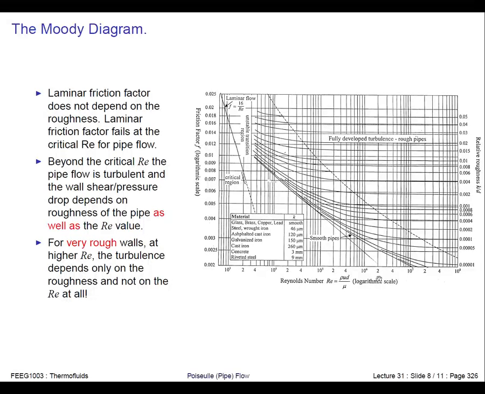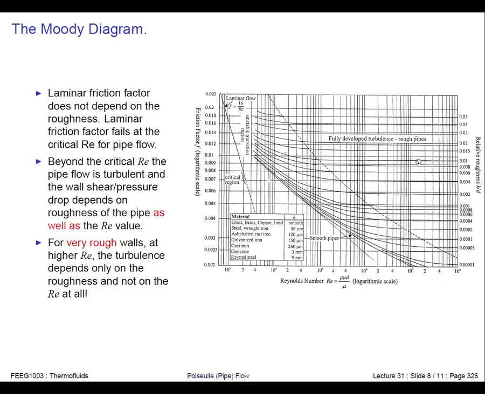Let's say I'm at a Reynolds number of 10 to the 6 with a roughness of 0.004, so I'm generating this much wall shear and this much pressure drop. If I increase the velocity, putting more flow through my pipe, and my Reynolds number increases to 10 to the 7, my pressure drop hasn't risen at all. And if I go to 10 to the 8, again, my pressure drop hasn't risen at all.